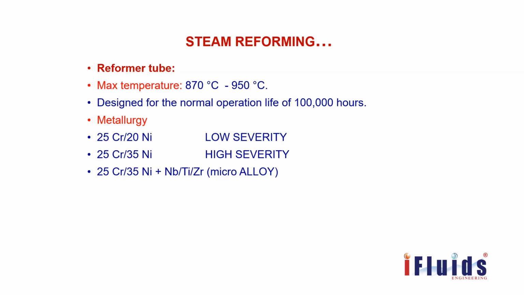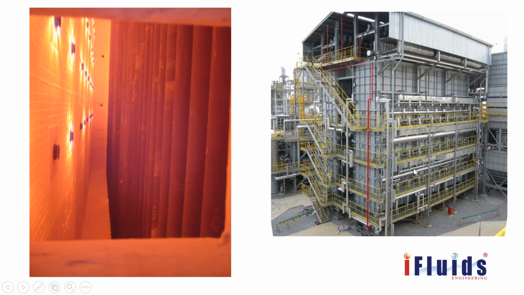For low severity reformers, 25 chromium, 20 nickel is the composition of the tube metallurgy. Whereas for high severity, it is 25 chromium and 35 nickel, as well as some micro alloys added like niobium, titanium and zirconium. This gives more strength to the tubes of the reformer.